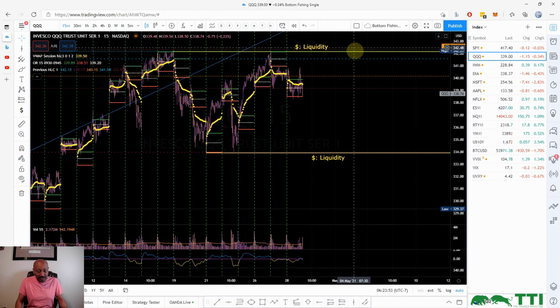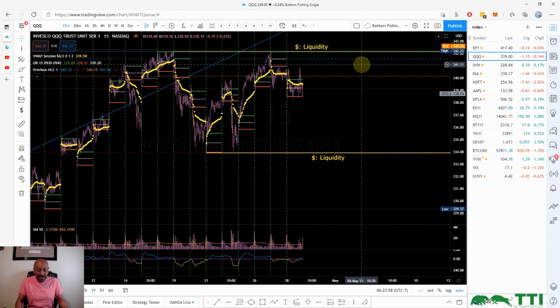So don't be in a hurry just because you see an uptick here to enter, because you might get stopped out. Let price settle down. It is up here, so it might do this for a moment, it might do this, and then when it settles down, it gives you this. So wait for it to settle down. Don't be in a rush for the Qs, but IWM and SPYs are ready to go.